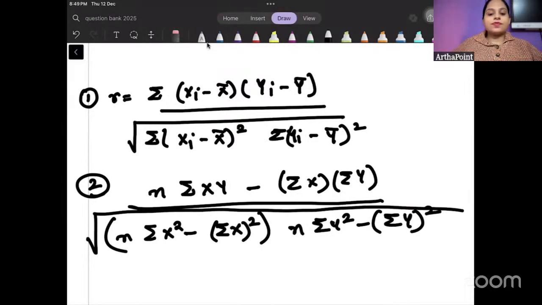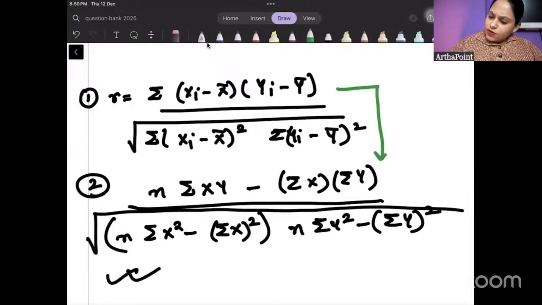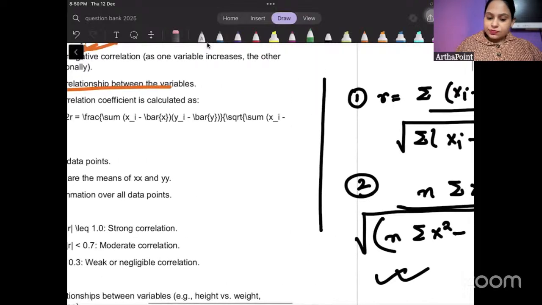So these are the two formulas. The second formula is nothing but an expansion of the first formula. When you expand the first formula, you will get the second formula. So these two formulas are important for R.